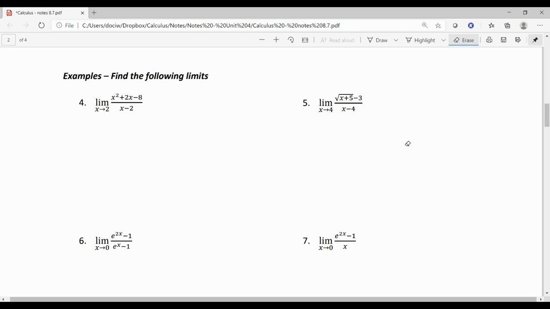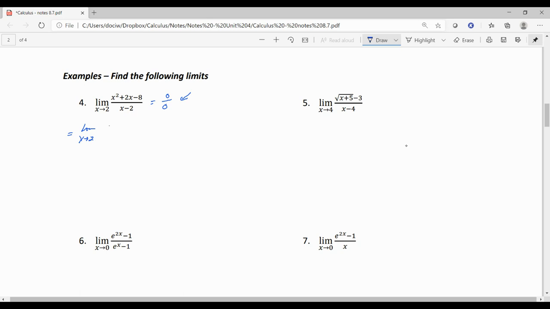So again, if I put 2 in for x, I'm going to be approaching 0 over 0, which is indeterminate. I can't determine anything from that. What L'Hopital says is that I can take the derivative of the top, because this is in an indeterminate form.